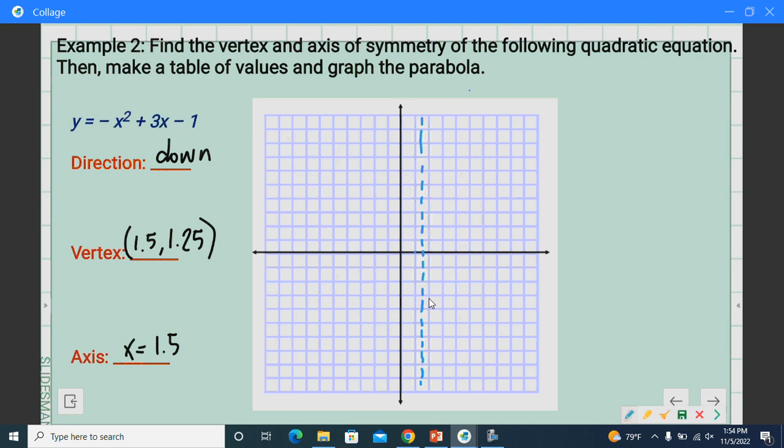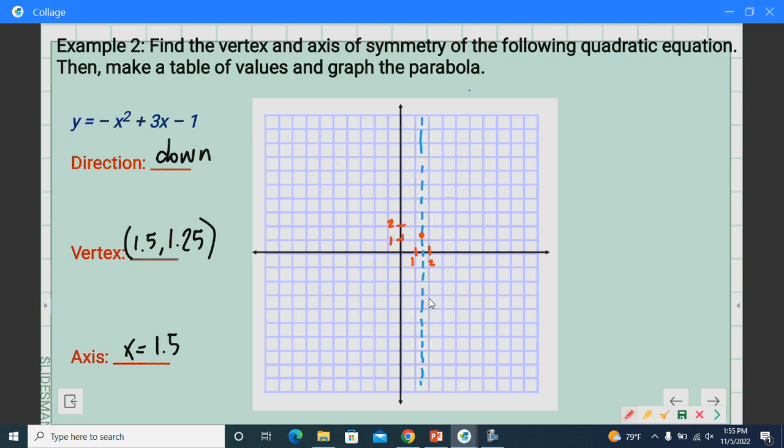And our vertex is 1.5 and our y is 1.25, so it should be somewhere here. Because this is 1, this is 1, and 1.5 is between 1 and 2, and 1.25 is between 1 and 2, but it's nearer to 1.